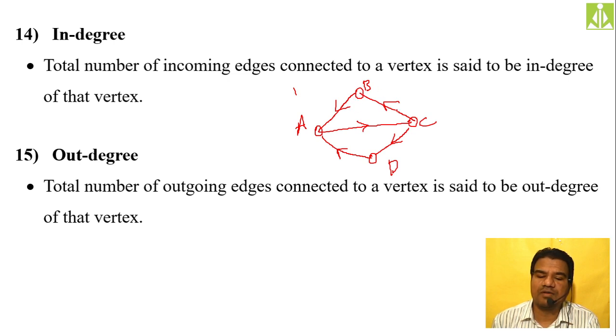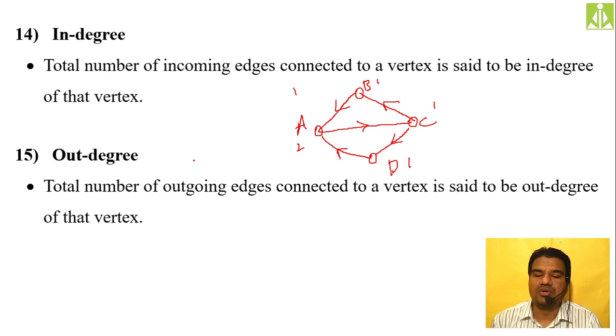Only one incoming edge, so the in degree of B is 1. What is the in degree of C? Only one edge, so 1. What is the in degree of D? Only one incoming edge. What is the in degree of A? We have 2. One is coming from B and another one is coming from D. So like this you can put the in degrees of a particular vertex.